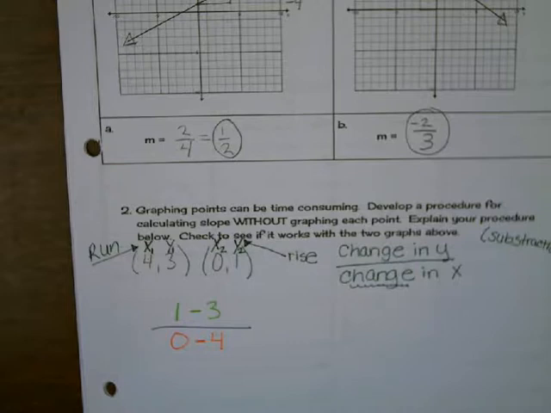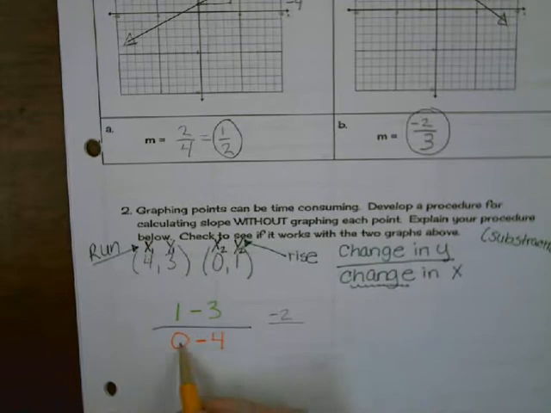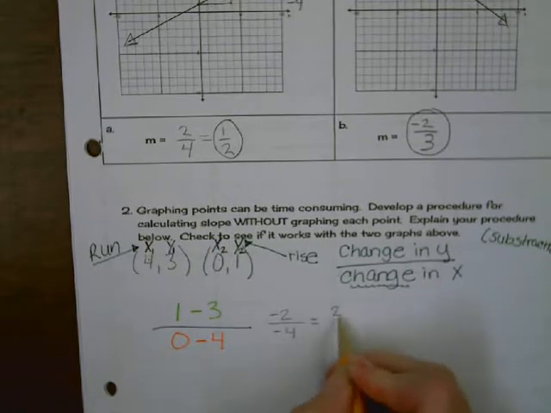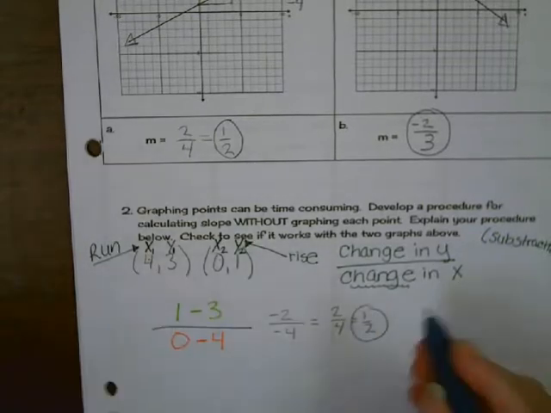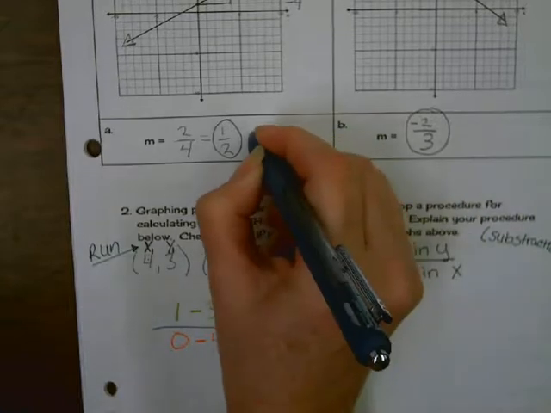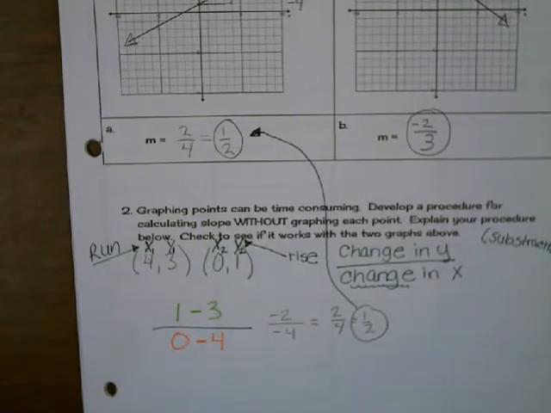This is what I get. 1 take away 3, 0 take away 4, the exact same slope, only doing it mathematically. We are going to get a lot of practice at this. Turn the page.